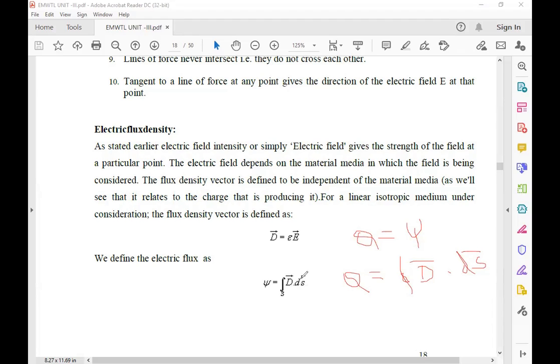The dot ds bar gives the lines that pass through that unit surface area. The density we can calculate, D bar dot ds bar, is nothing but the electric flux psi.